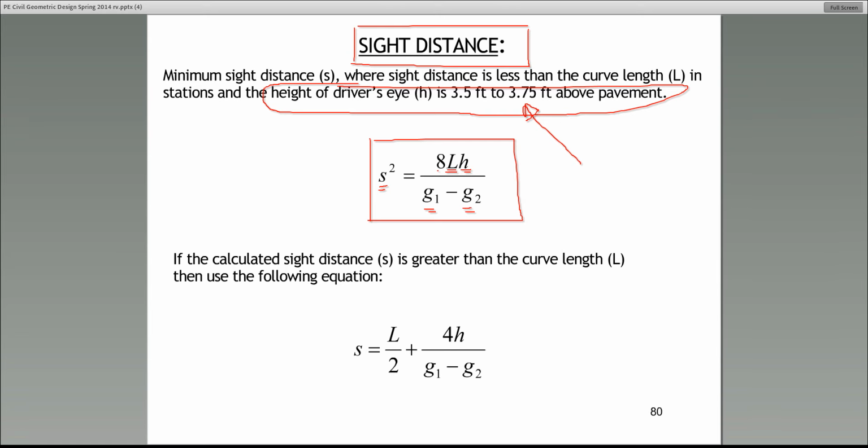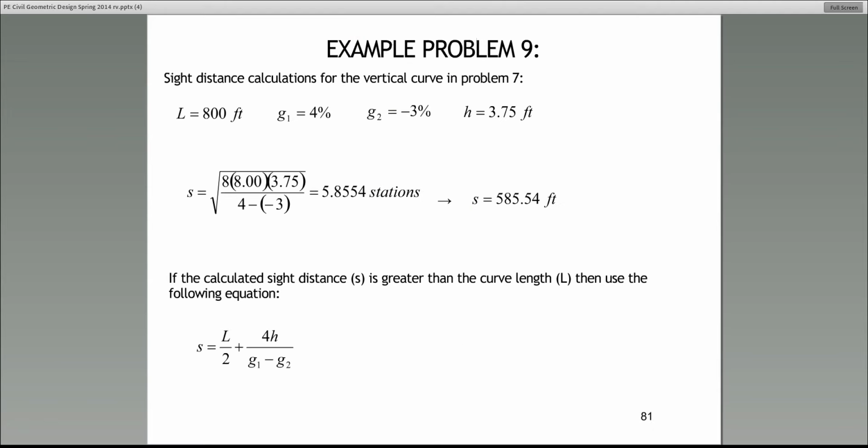Let's move on and see how we can apply this to this particular curve we've been talking about. By the way, L was given to be 800 feet. G1 plus 4%, G2 minus 3%, and H, as I indicated, we're going to use 3.75 feet for that.